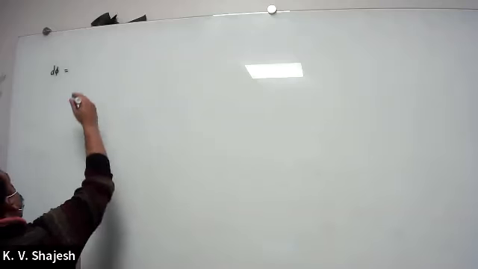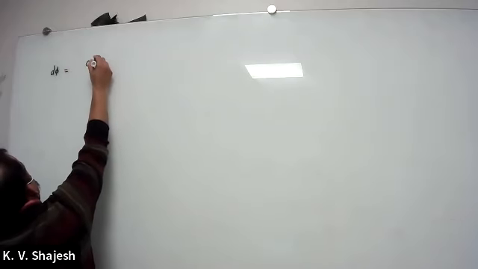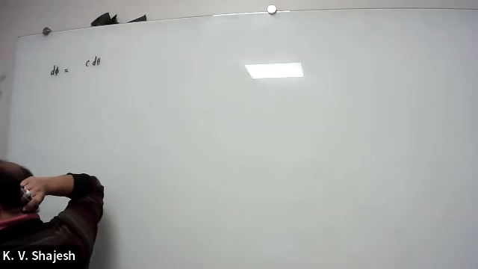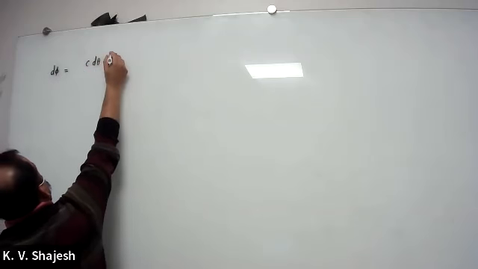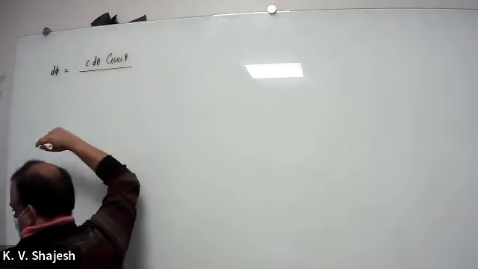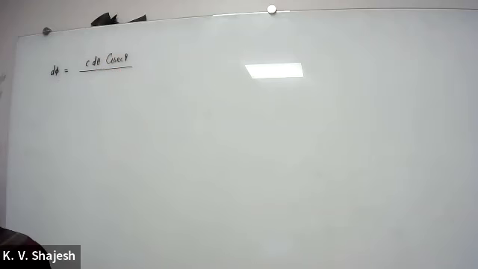Not sure. Okay, so let me write this as c d theta. This is 1 over sine theta, which is cosecant theta, divided by, actually cosecant square.